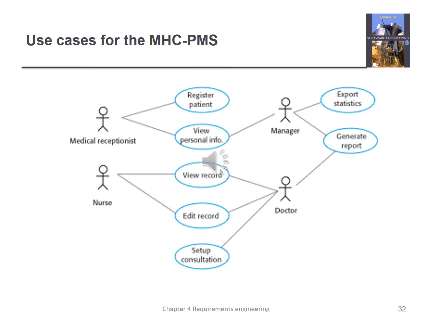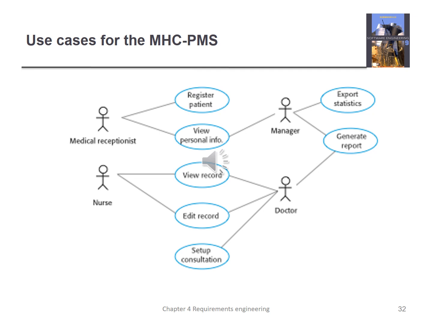Here is an example of a use case for the mental health care patient management system. If we look at the patient management system, we find four stakeholders: the receptionist, the nurse, the doctor, and the manager.